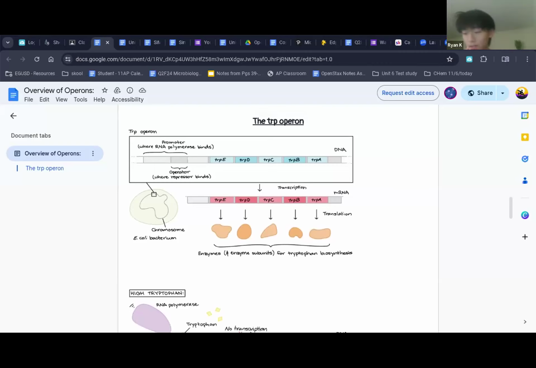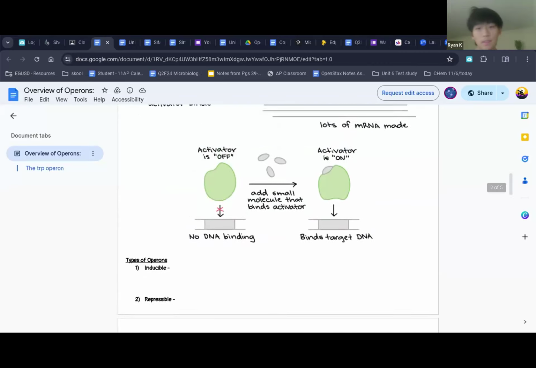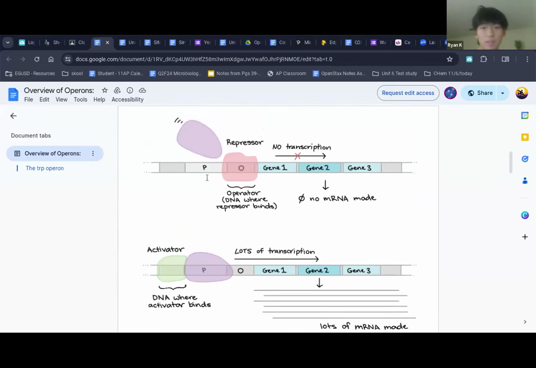All right. Since we're here, let's see the genes. So basically, the repressor stops the promoter. The RNA polymerase is the one doing the synthesis, because it's reading and also synthesizing at the same time.